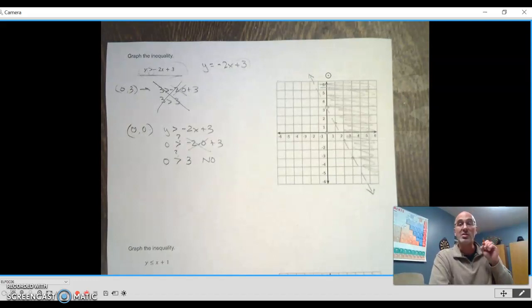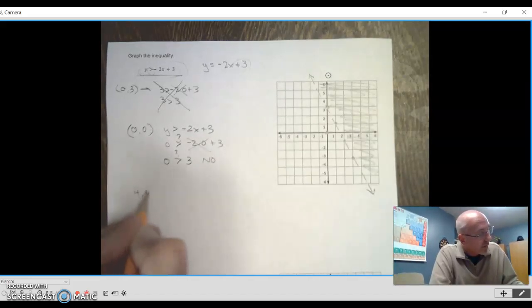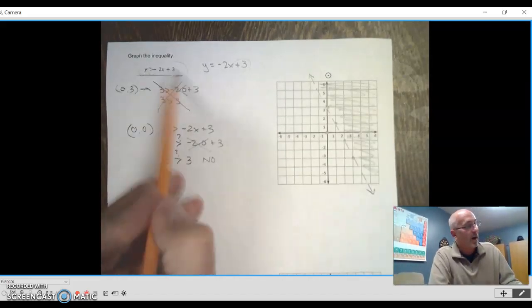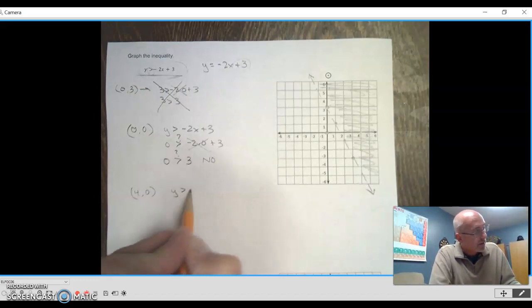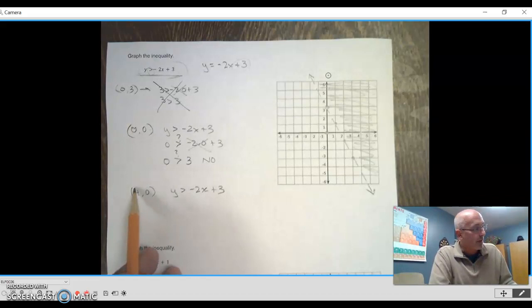Let's choose one just to be sure. I am going to choose the point 4, 0. So if I chose the point 4, 0, I am going to keep my original inequality and plug in. So my x value is 4 and my y value is 0.